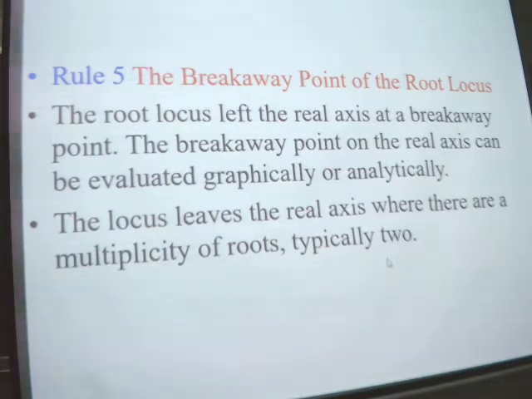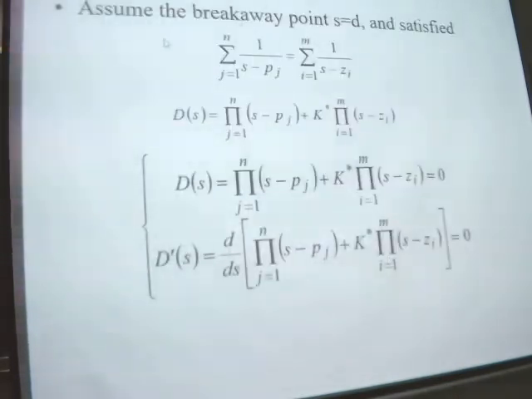Here, assume the breakaway point is equal to d and satisfies the sum over j from 1 to m of 1 by s minus zj equals the sum over i from 1 to n of 1 by s minus pi.